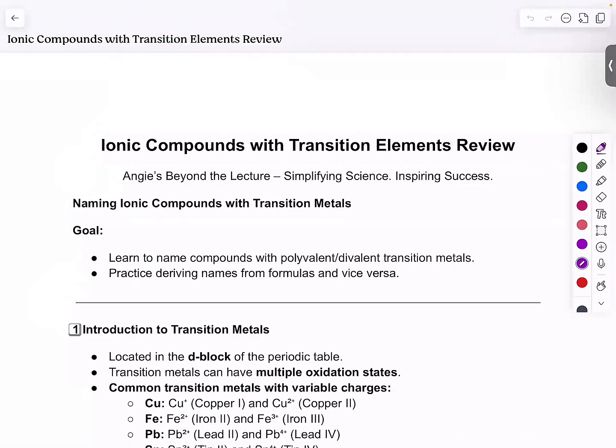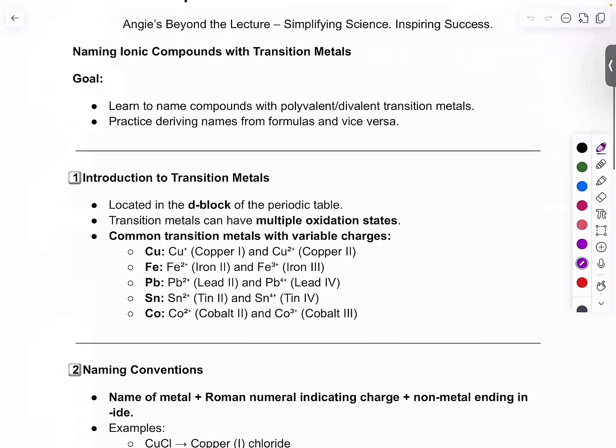So again, we've talked about the D block where the transition elements are. These particular metals can give away different numbers of electrons to form different ions.